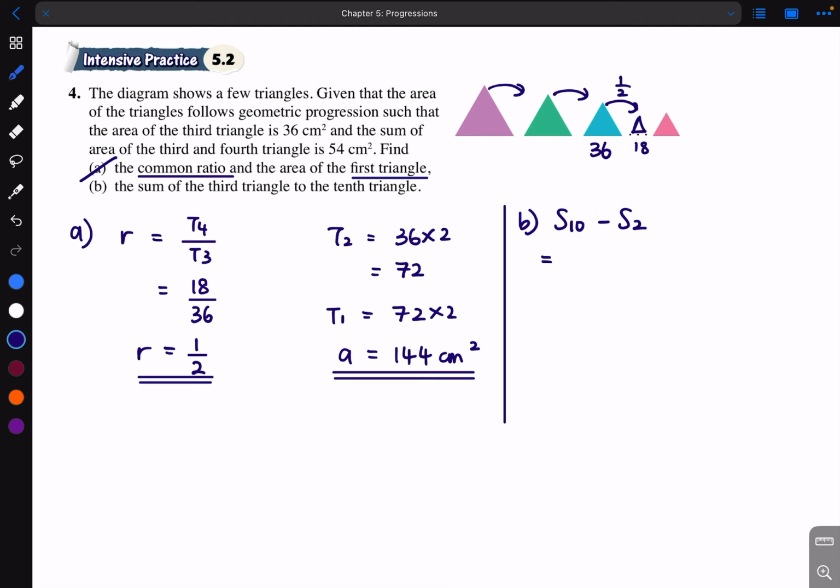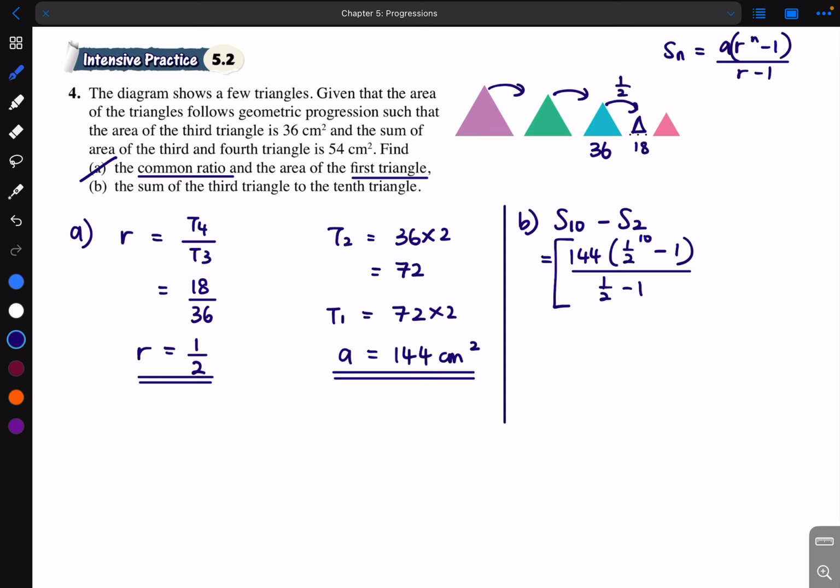So since this is a geometric progression, our Sn formula would be A times (R^n minus 1) over (R minus 1). So our A is 144, (R^n minus 1) over (R minus 1).